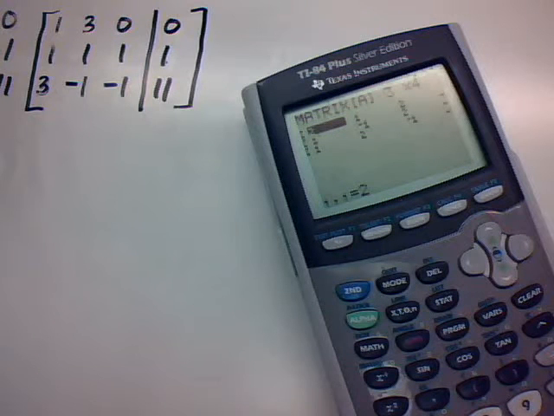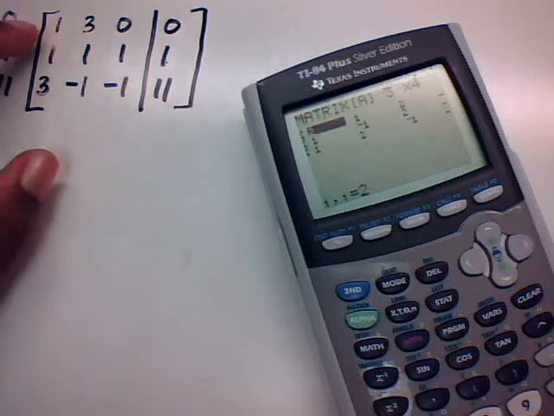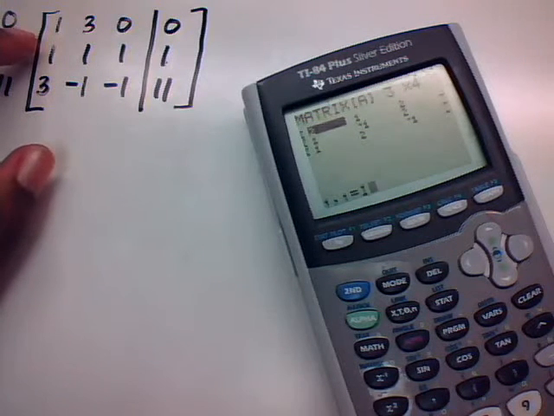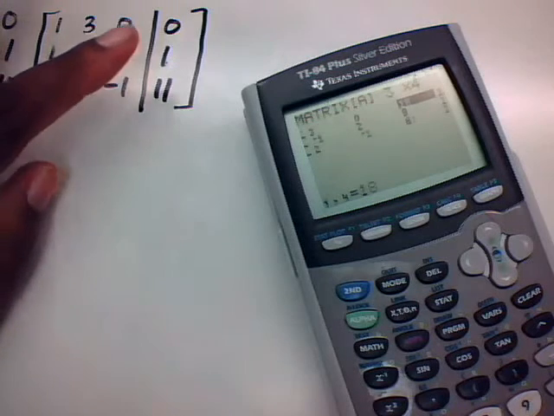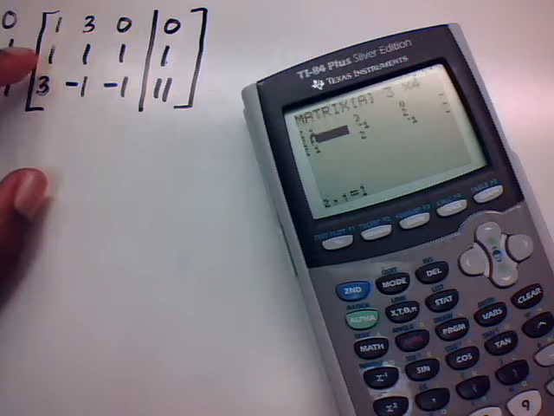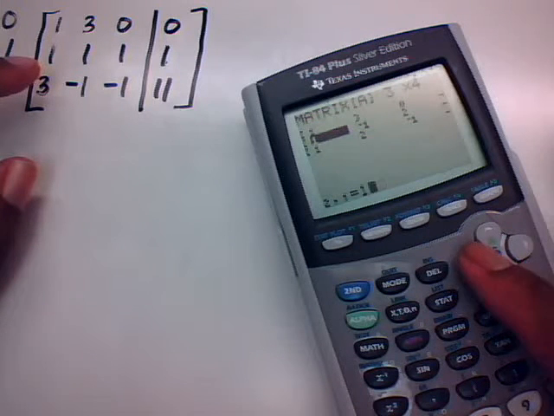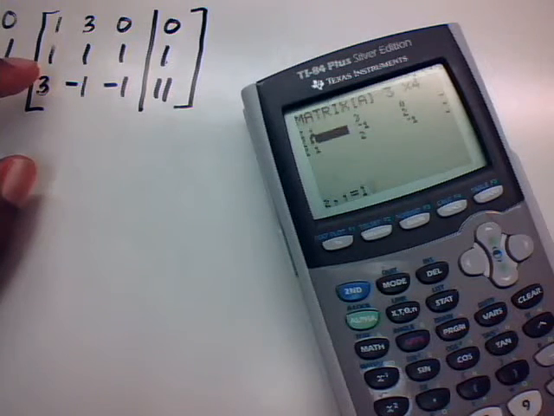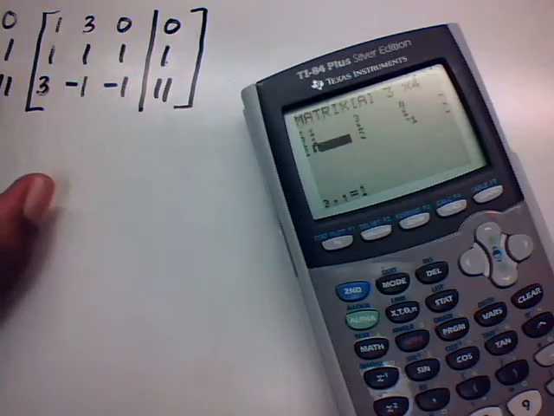We enter each element row by row. So for 1, 3, 0, 0, we type in 1, enter, 3, enter, 0, enter, 0, enter. That's the first row. Now for the second row, we do the same thing one by one. 1, enter, 1, enter, 1, enter, and 1, enter.